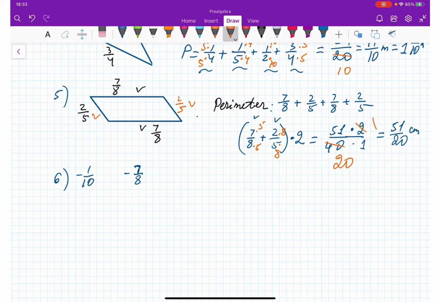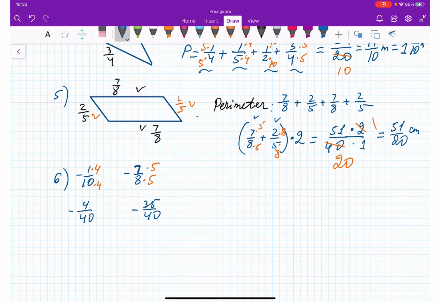This is going to be 4, this is going to be 5. So what we are getting? Negative 4 over 40, and here negative 35 over 40. If the denominator is the same, all we have to do is compare negative 4 and negative 35. Obviously, negative 4 is greater than negative 35.